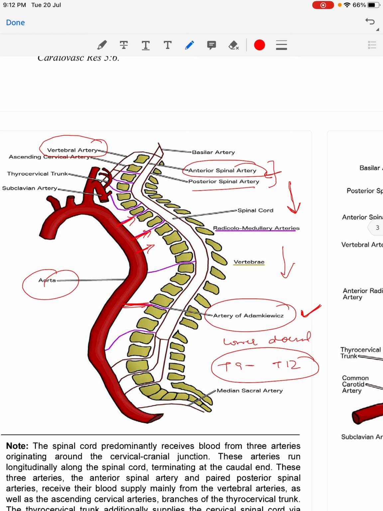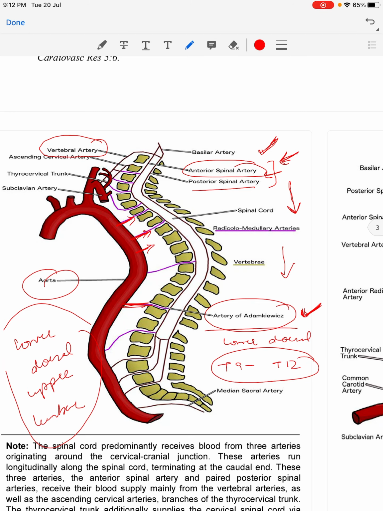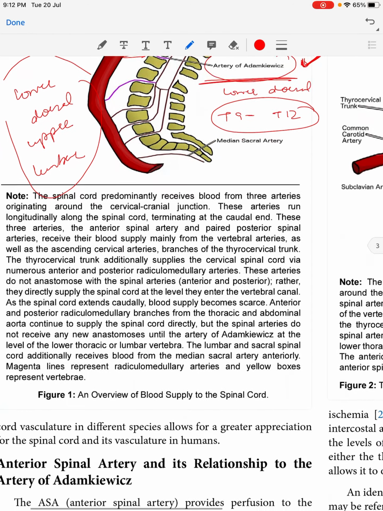It anastomoses with the anterior spinal artery, and it supplies the lower dorsal and the upper lumbar part of the spinal cord. So in this region, it is the artery of Adamkiewicz which is supplying the anterior part of the spinal cord.